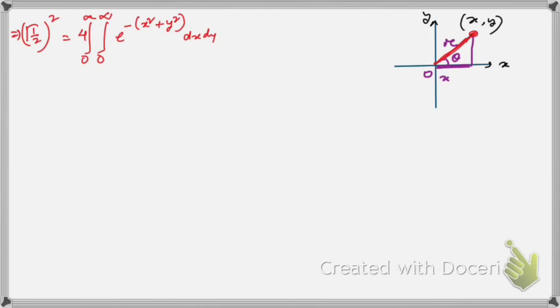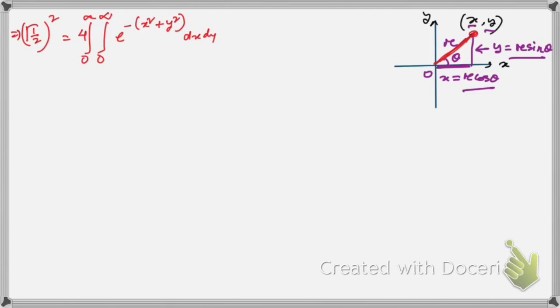So then x will be equal to r cos theta and y is equal to r sin theta, right? If you use trigonometry, you will get x is equal to r cos theta and y is equal to r sin theta. In polar form, these two coordinates become r cos theta and r sin theta, right?